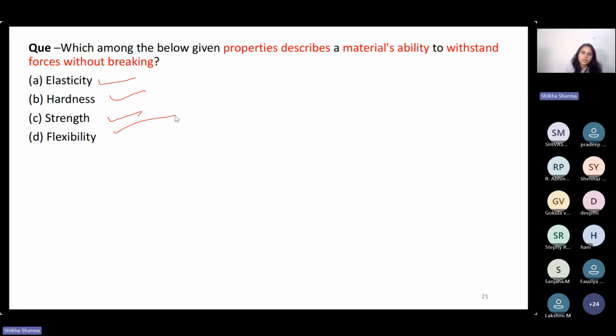If someone is saying elasticity, like elasticity is the material's ability to withstand the forces without breaking. Samriddhi also says elasticity. Okay, let's see the answer.